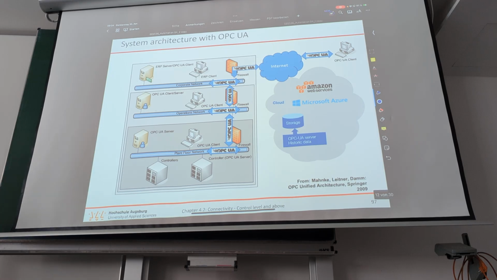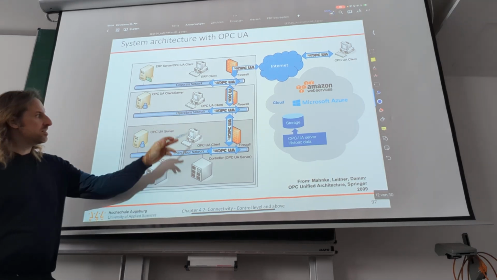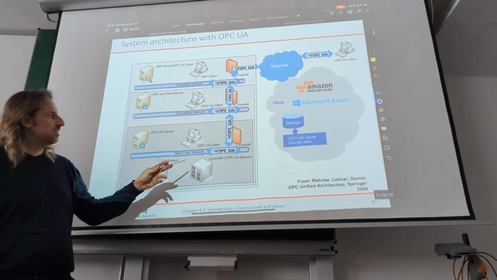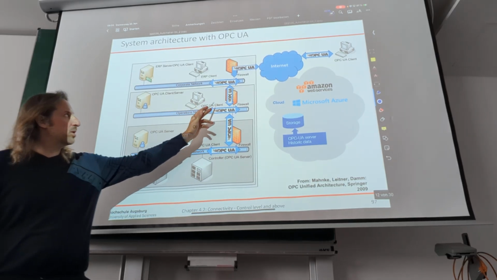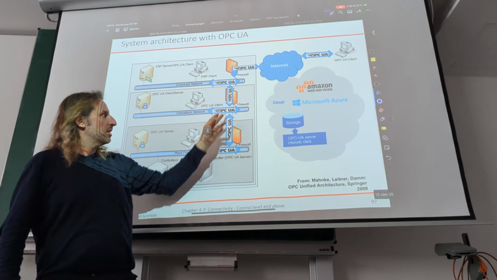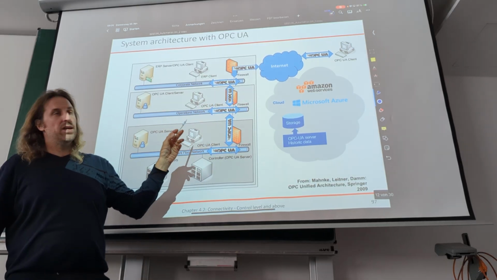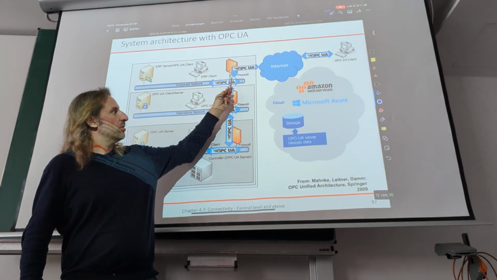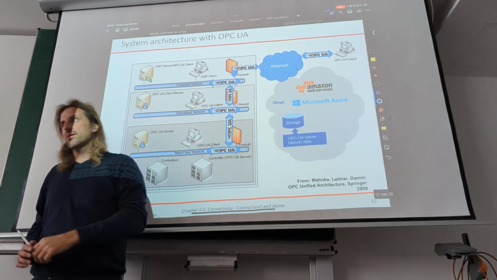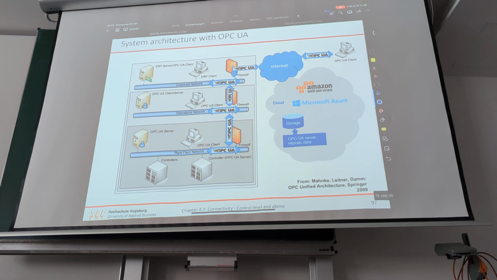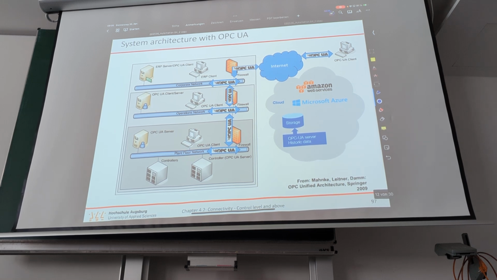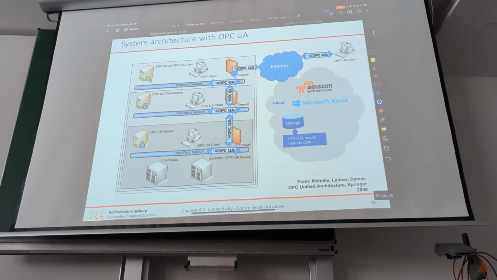And now, because we have OPC UA on all the levels and we use standard internet technologies, we can also overcome these firewalls, and we can seamlessly integrate into the hierarchy of a company. And we could also then access cloud services and so on, or the other way around, cloud services were able to access information on the shop floor.